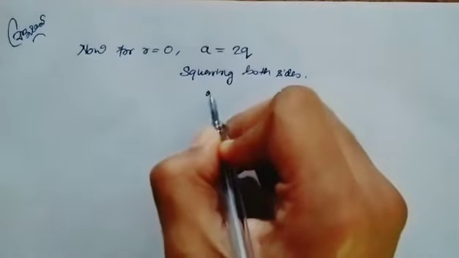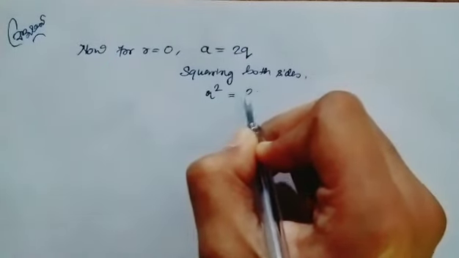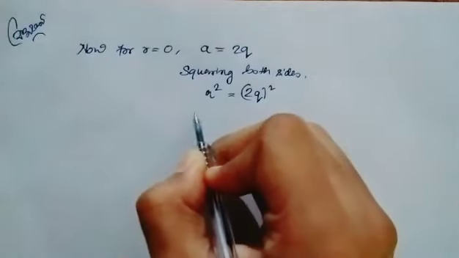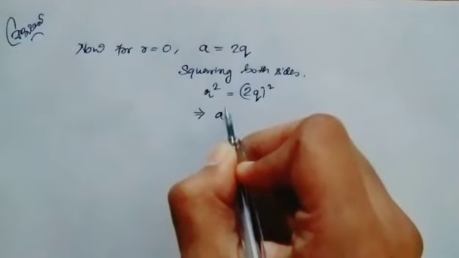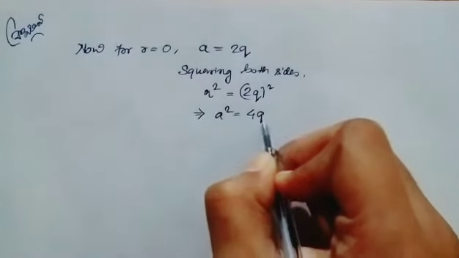So squaring both sides so that the equality is maintained, we get a square is equal to 2q square, so a square is equal to 4q square.